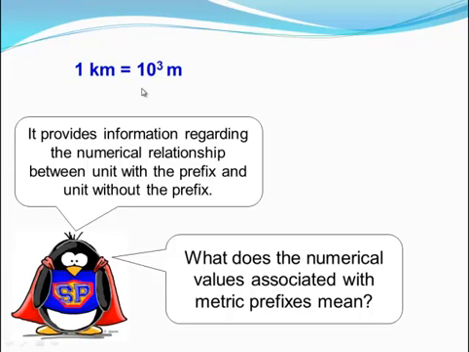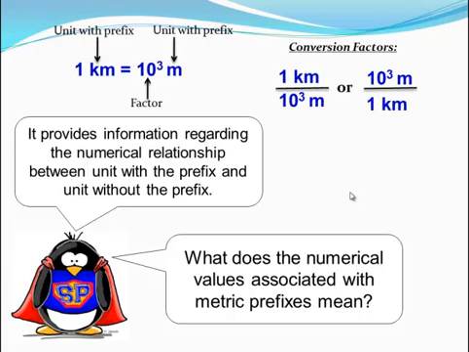It's the equivalency. What I've been talking about, 1 kilometer is equal to 10 to the 3rd meter. So unit with prefix goes to the unit without prefix. The 10 to the 3rd would be the factor.